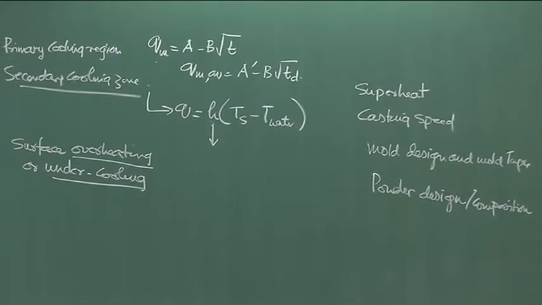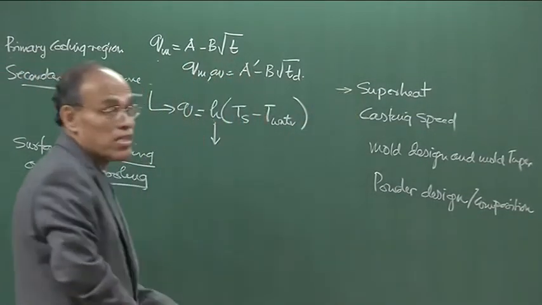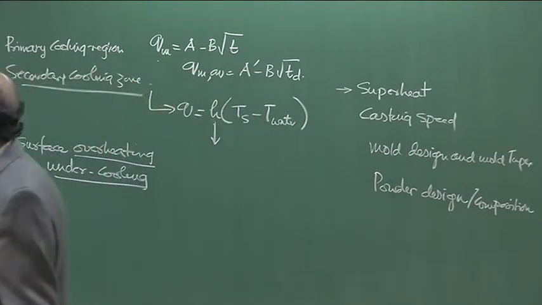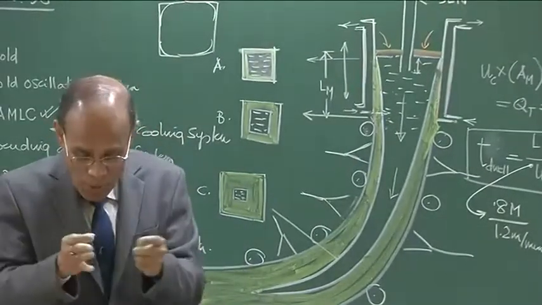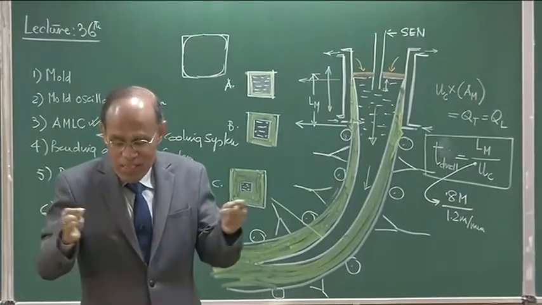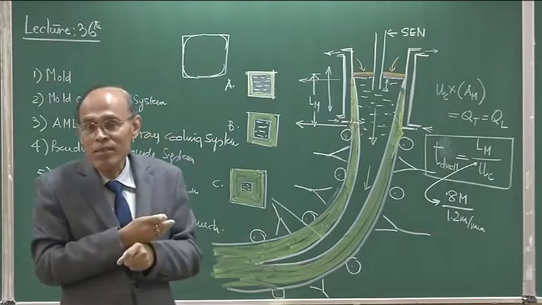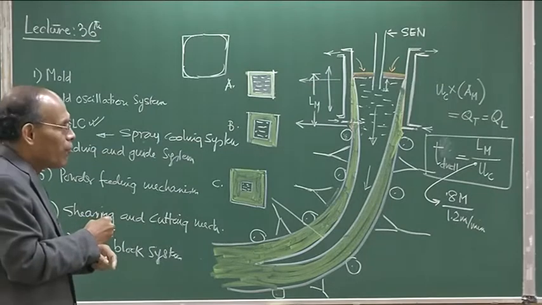Superheat and casting speed have an inverse relationship. If your superheat is large, the casting speed has to be lowered. That is why, as I have been telling you throughout my steel making lectures, beyond the primary steel making process there is a secondary steel making process, or ladle metallurgy, for about 70 to 80 minutes. We will require some amount of heat supply, and that is what we accomplish through the ladle refining furnaces.